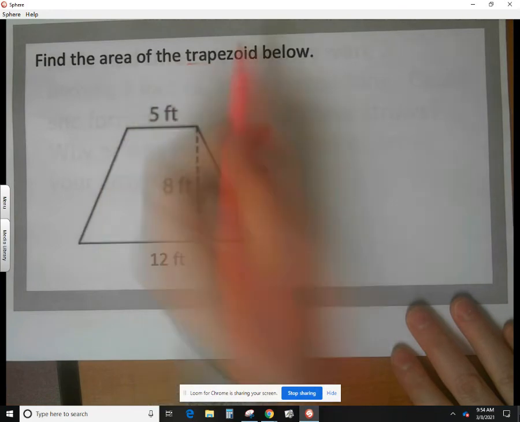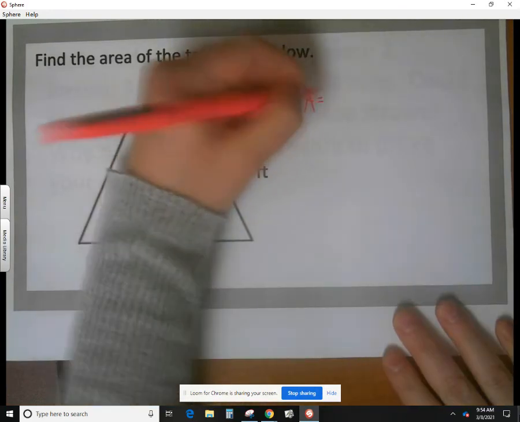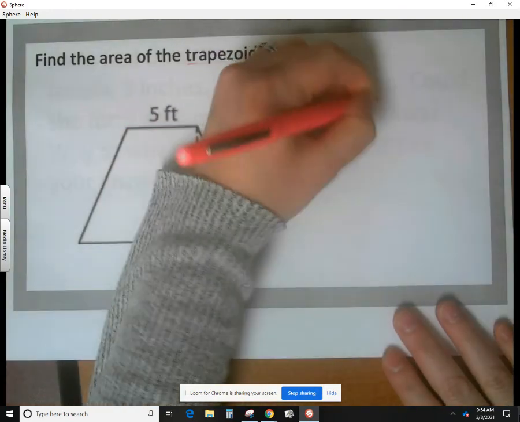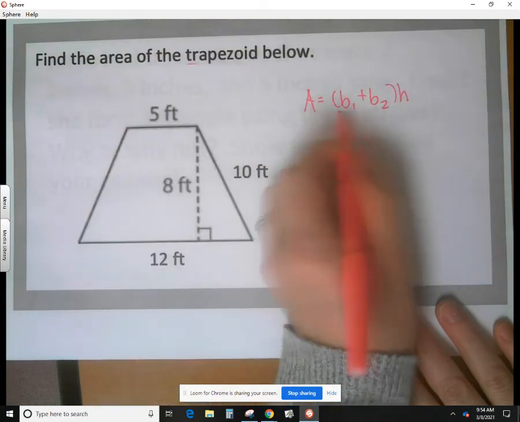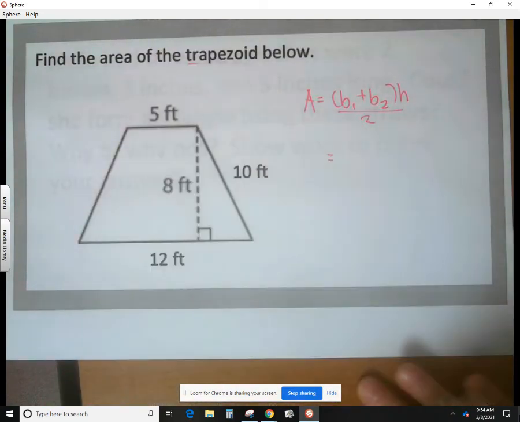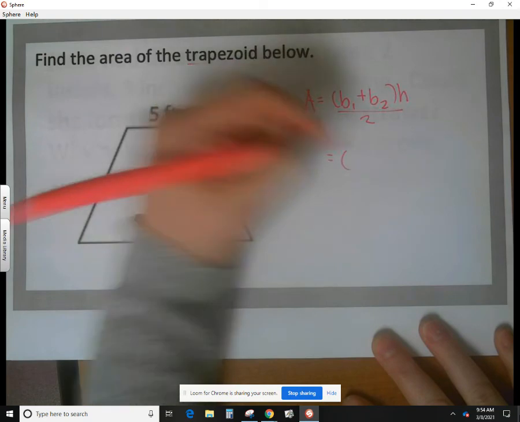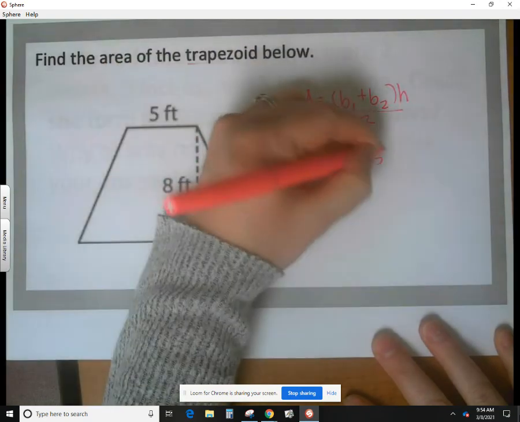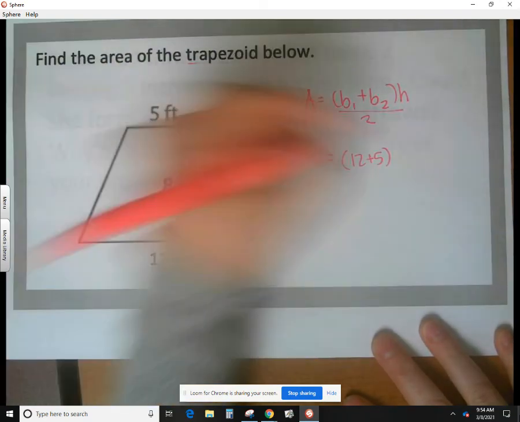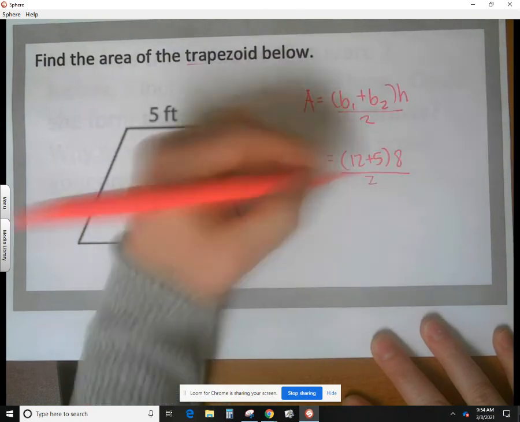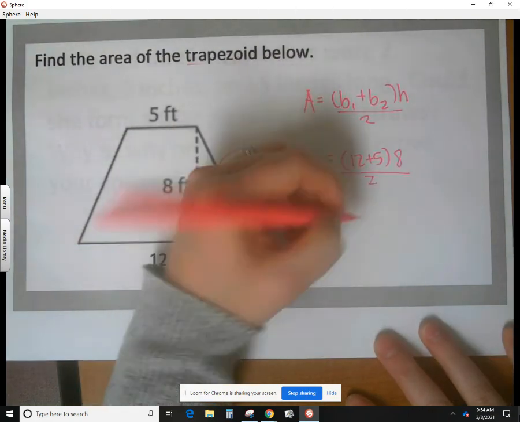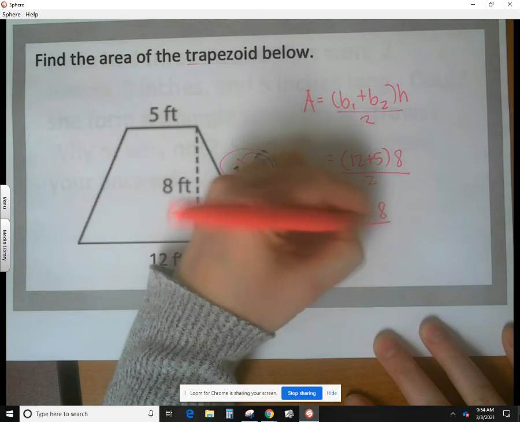Okay, we've got another trapezoid. So again, we're going to do base 1 plus base 2 times the height, and then we're going to divide by 2. And so we've got bases of 12 and 5. I'm going to get rid of this side. Our height is 8. 12 plus 5 is 17.